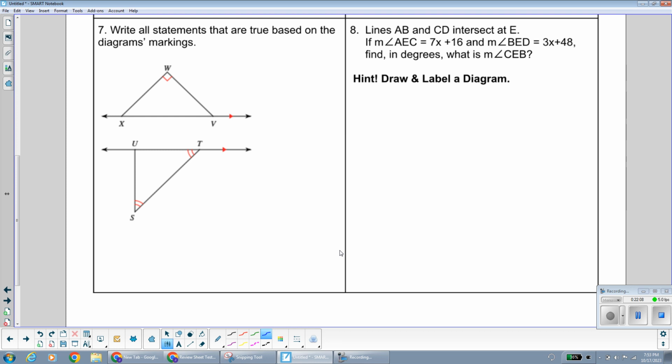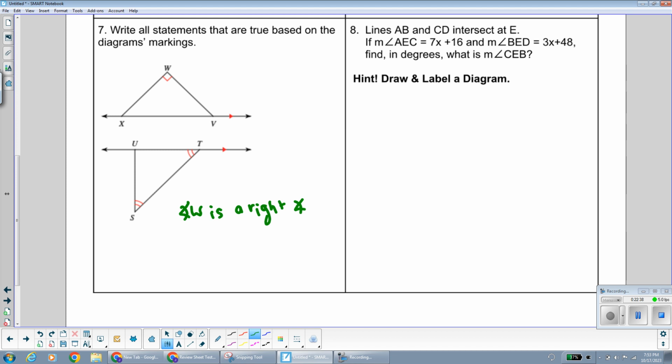Okay, question number 7. Question number 7 says, write all the statements that are true based on the diagram's markings. I'm going to start with the first one up here. I know that angle W is a right angle.